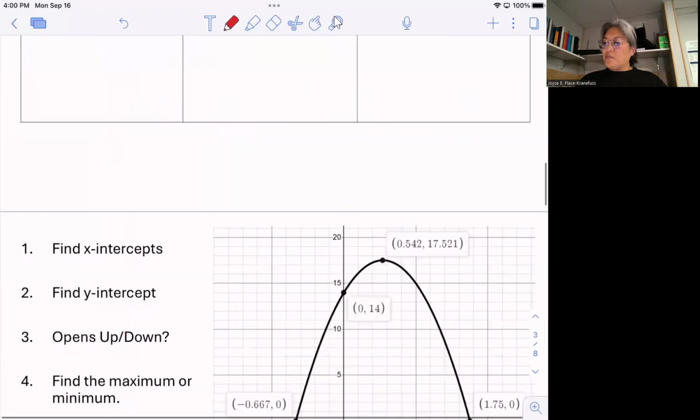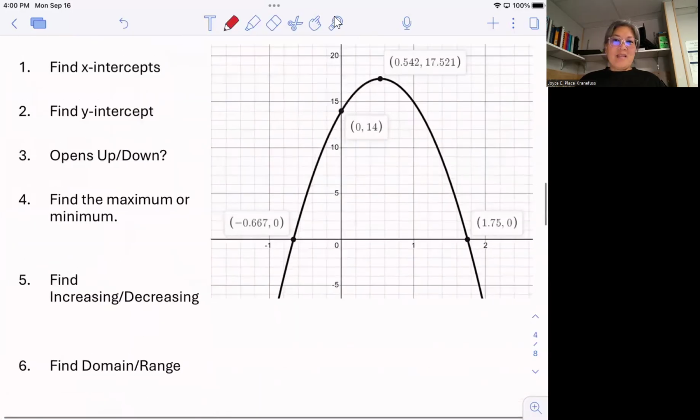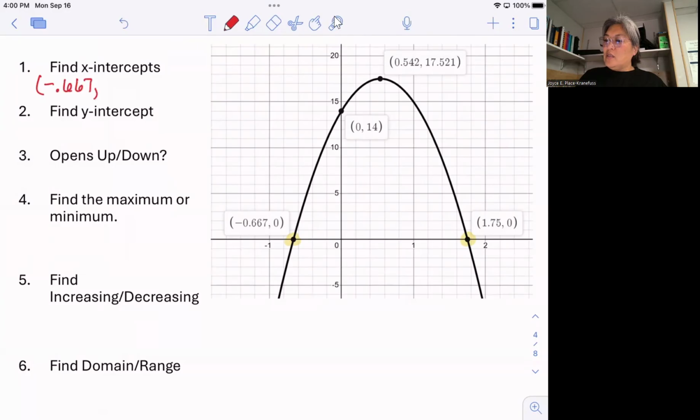All right. Reviewing graphing. If I give you a picture, should you be able to answer all of these questions? I hope so. X-intercepts. There's your x-intercepts. Again, we need to make sure we are writing those as points. So negative 0.667, 0 and 1.75, 0.